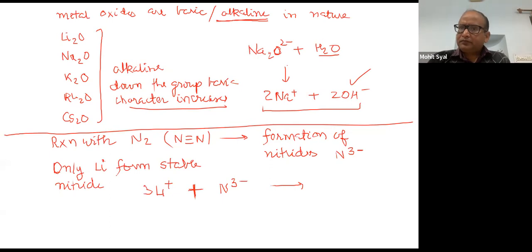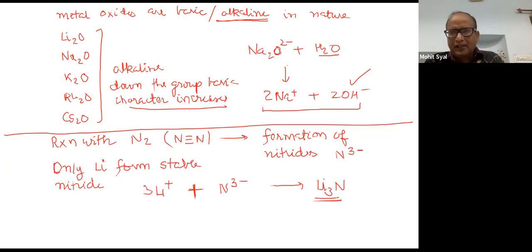Very simple. Nitride is -3 and lithium is +1, so you require 3 lithium ions to combine with 1 nitride ion. So what is going to be the formula? Li3N, right? Lithium nitride. And lithium being smaller, it is able to combine with nitrogen very strongly, and that's why lithium nitride is stable.